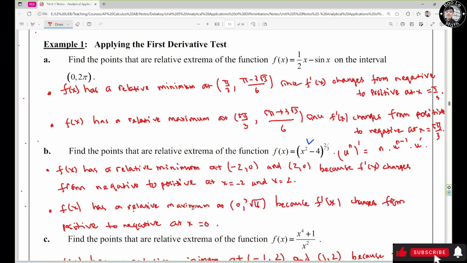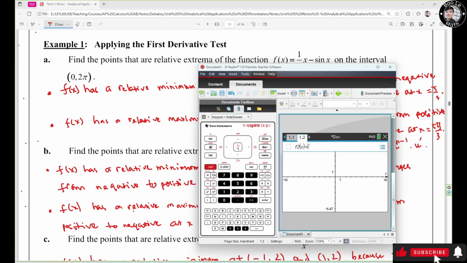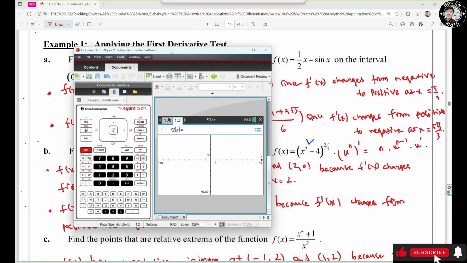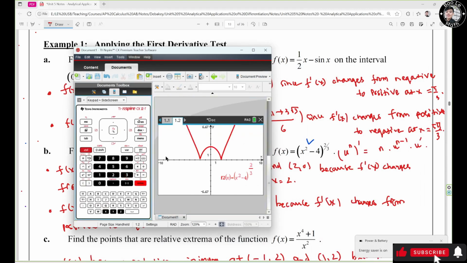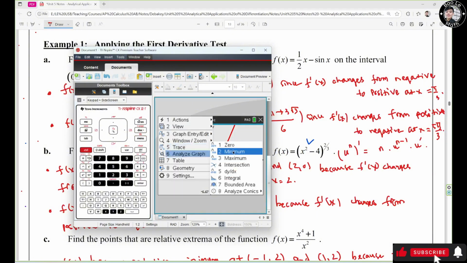Now for question B, I need to hit Control I, add graphs. I need to input s squared minus 4 raised to the 2/3, right? And hit enter. You have two relative minima right here, right? So you need to hit menu, number, set, and minimum.